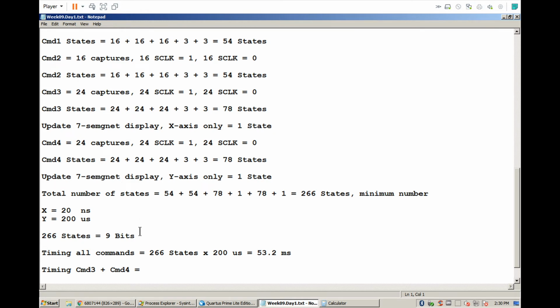So let's continue. What we did just now, we calculated the timing for all states. If you want to run all the commands, all the updates at once, this is the time it takes to finish it, 53.2 milliseconds. But we know that command 1 and command 2 only run once. So it is necessary to calculate the timing for 3 and 4.